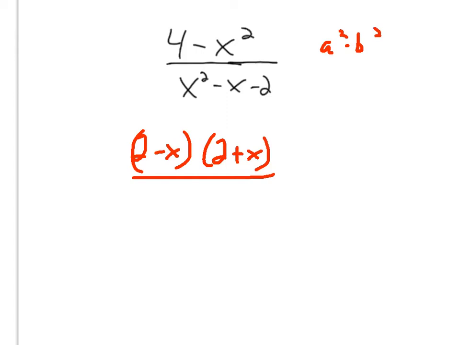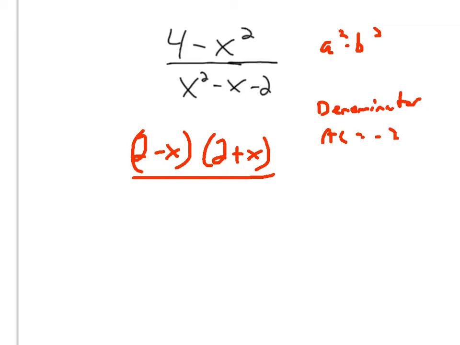Then on the bottom we have to factor x squared minus x minus 2. Well, if I take a times c, that's negative 2.